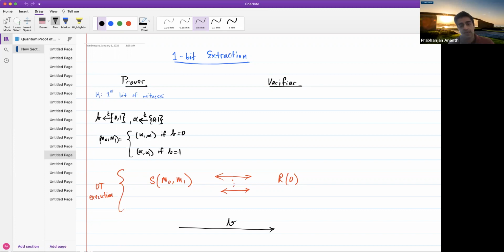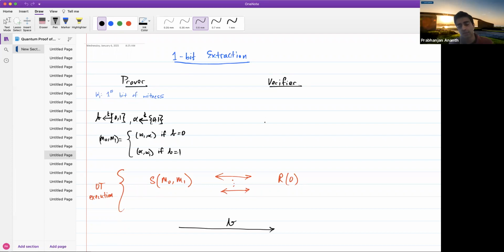Okay, and then the prover and the verifier interact with each other using an oblivious transfer protocol, where the prover plays the role of the OT sender, and the input to the OT sender is going to be M0, M1.